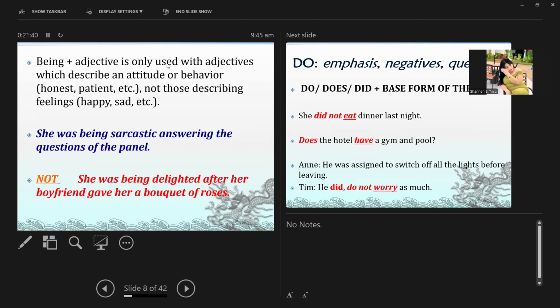Being plus adjective is only used with adjectives which describe an attitude or behavior, such as being honest, patient, etc. Not those describing feelings, happy, sad, etc. Okay? So, being plus adjective, gagamitin lang natin siya when we are expressing someone's attitude or behavior. For example, she was being sarcastic. Sarcastic is an attitude.